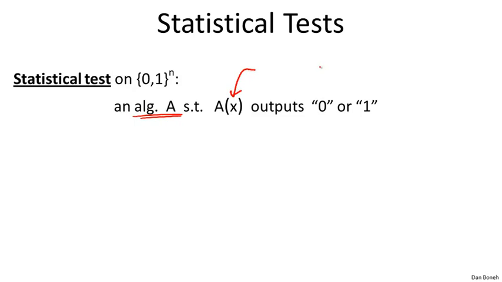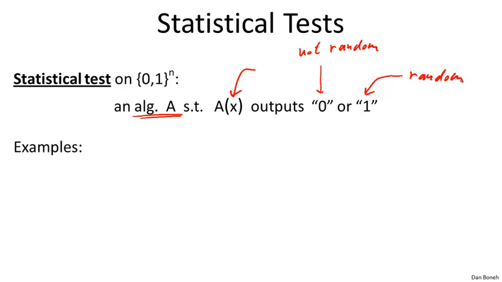We're going to think of 0 as the statistical test saying the input you gave me is not random, and 1 as saying that the input you gave me actually is random. So all the statistical test does is take the n-bit string that was given to it and decide whether it looks random or it doesn't look random.